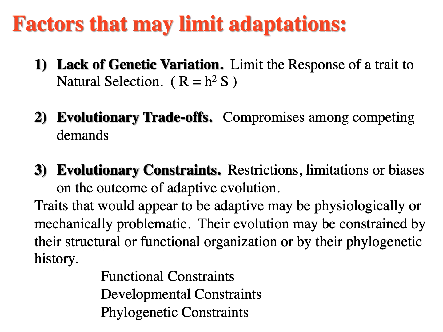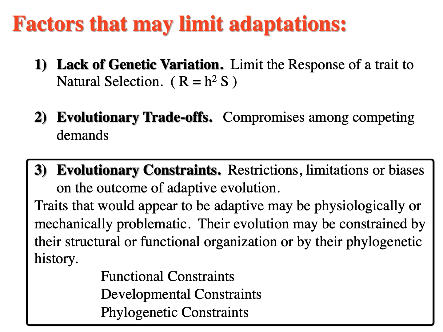It depends on which one of those two factors predominates as to whether the male will have a lot of plumage and pass those on to its offspring or not. And third are evolutionary constraints, that is, restrictions or limitations on the outcome of adaptive evolution.